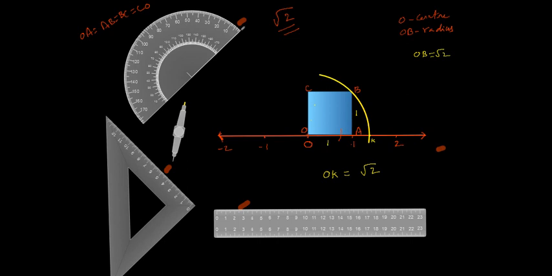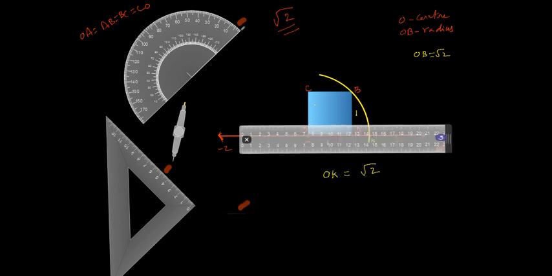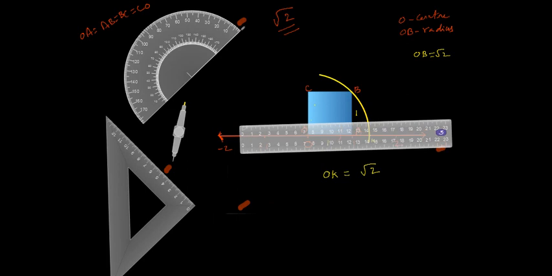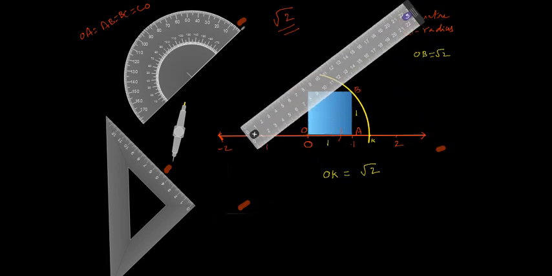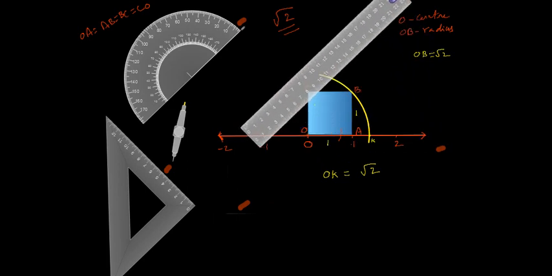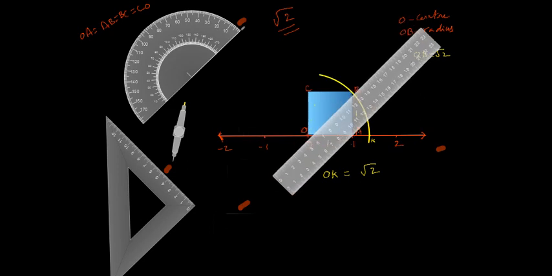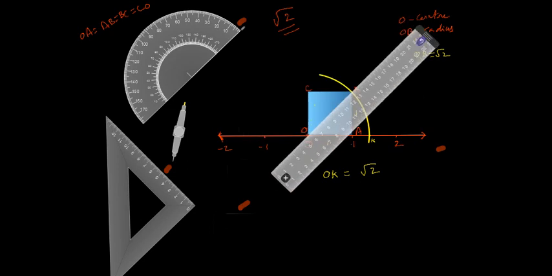That means here you may join OB with the help of a scale. With the help of a scale, you may join O and B. We remove the scale.